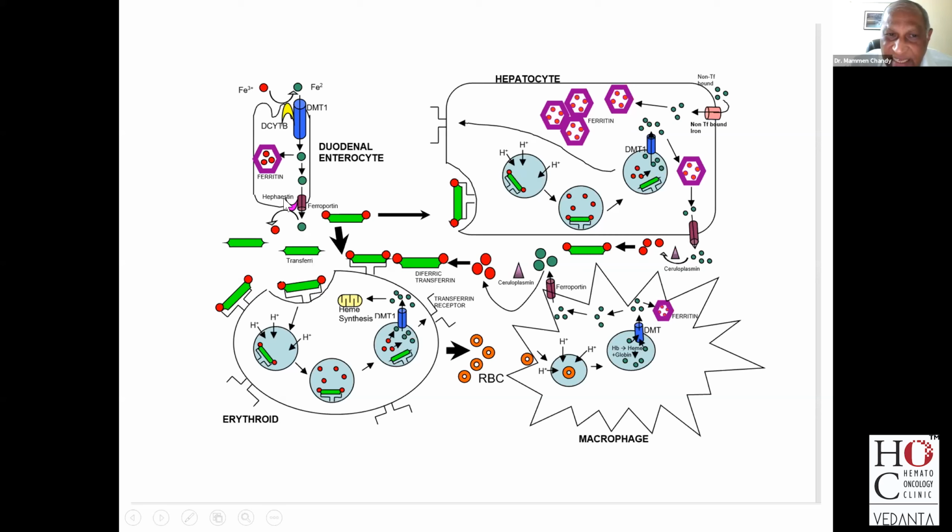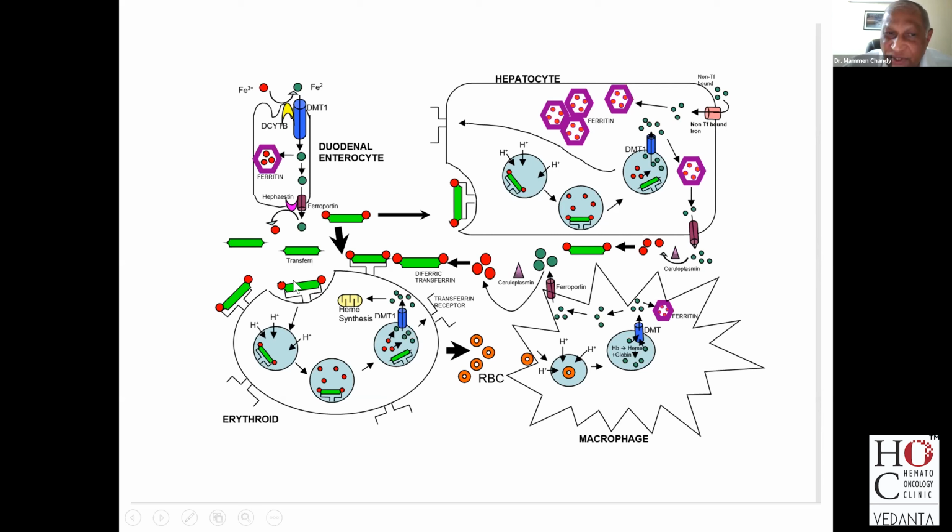At the opposite border, you have something called ferroportin, and this is what transports the iron out into the plasma. Whenever there is enough iron inside your body, the iron gets deposited in the duodenal epithelial cell as ferritin, right?